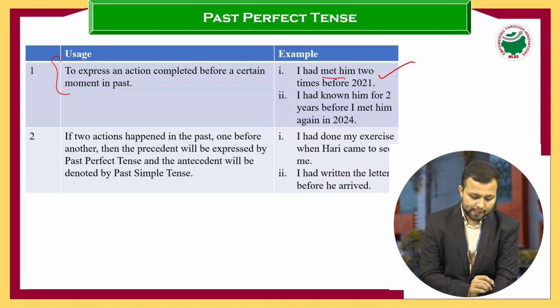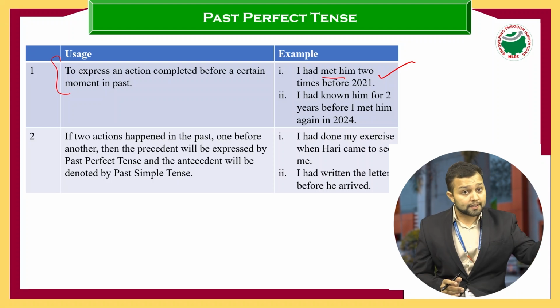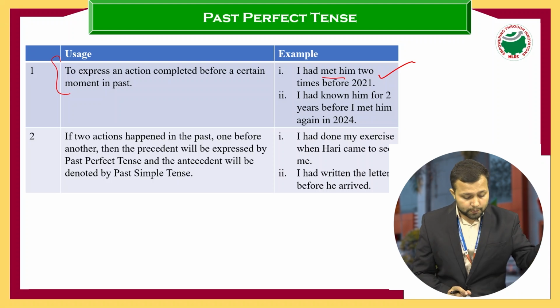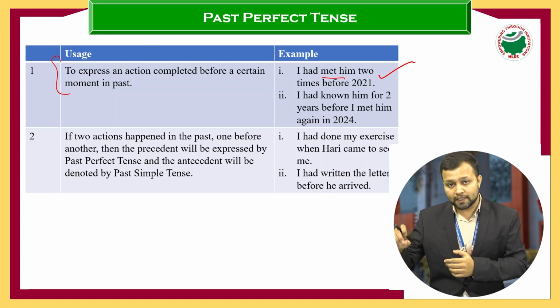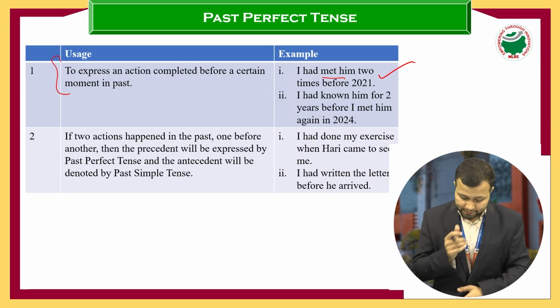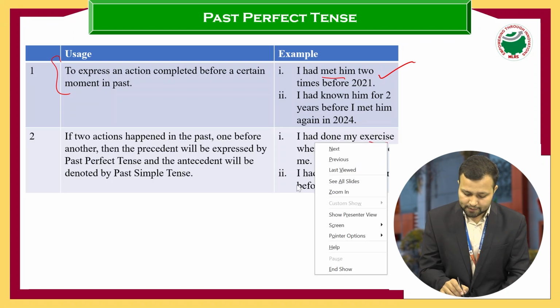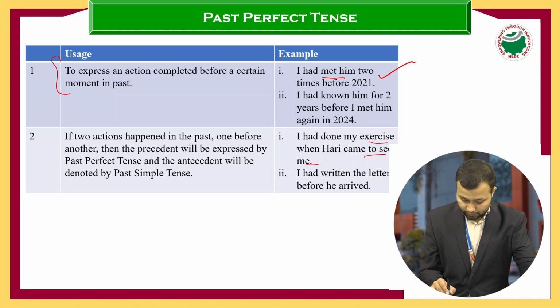Next, if two actions happened in the past, one before another, then the previous action, the precedent, will be expressed by past perfect tense, and the antecedent or the recent action will be expressed using the past simple tense. For example, I had done my exercise when Hari came to see me. So, Hari came to see me.